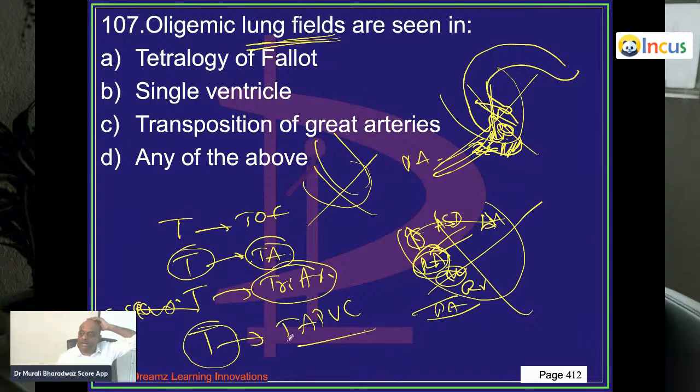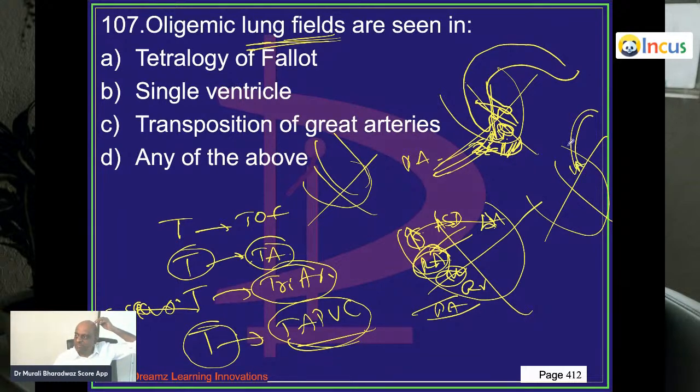Then total anomalous pulmonary venous circulation means what? Normally the pulmonary vein bringing the good blood joins the left atrium. But instead what is it doing? It is joining the right atrium. Total anomalous pulmonary venous circulation, right?